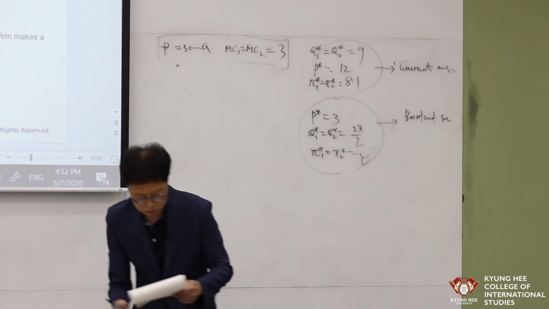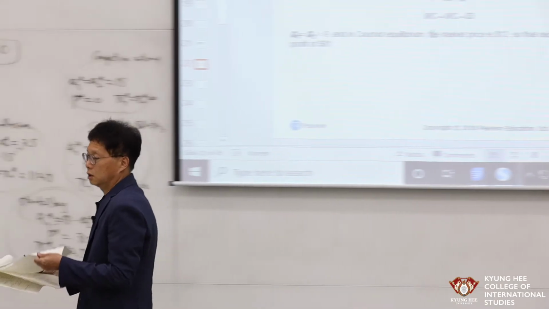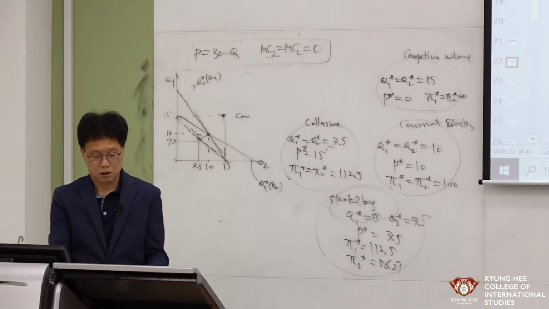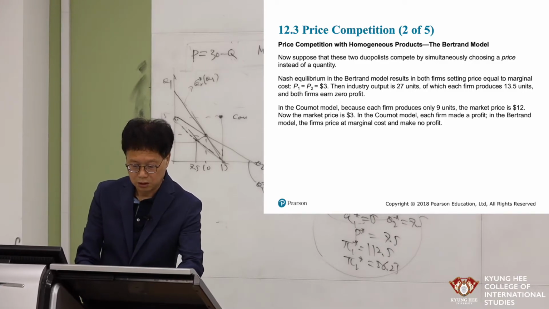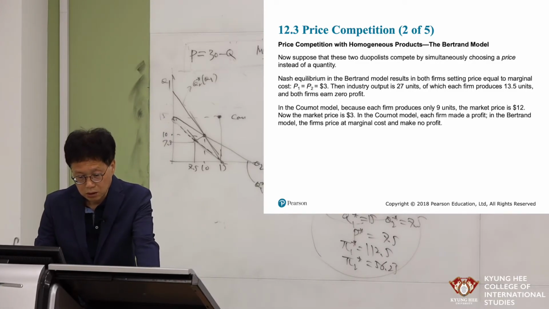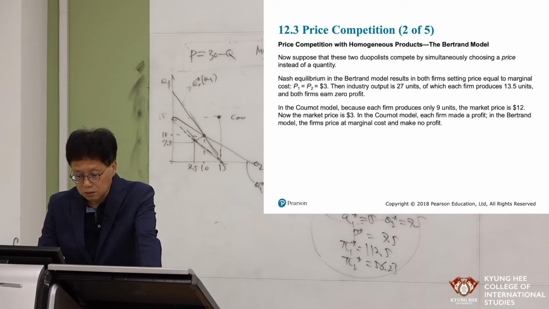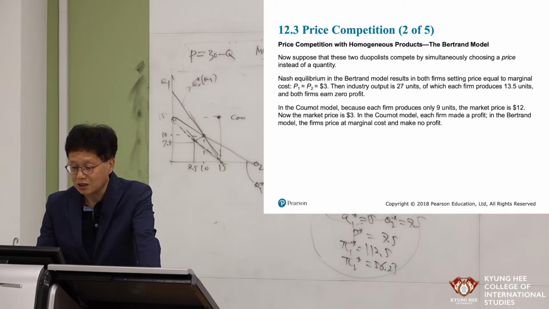Okay, now we go to the next slide. Slide number 23, price competition with homogeneous products. In other words, what Bertrand was. Now suppose that these two duopolists compete simultaneously by choosing a price instead of quantity.